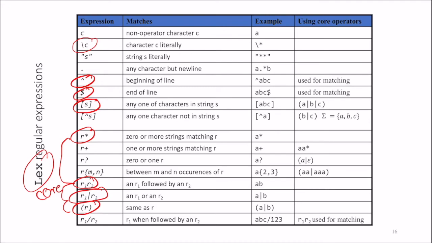So if I have a square bracket with the symbols ABC, then it stands for I can accept any symbol from this set. So it literally is mapped into a sequence of alternations. It literally means A or B or C. It just saves you a little bit of typing. Instead of typing this, you can type this, right?